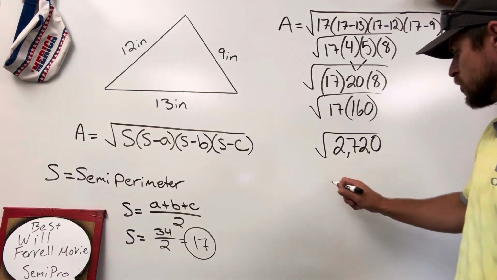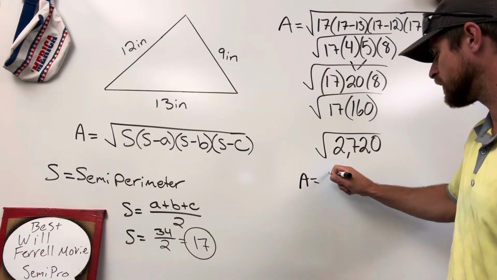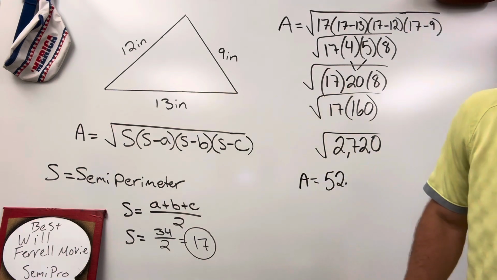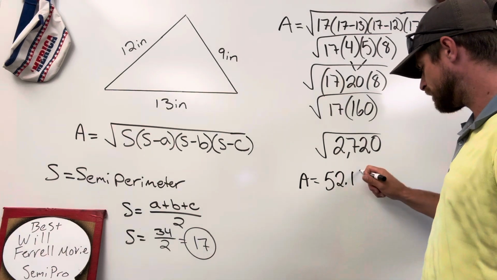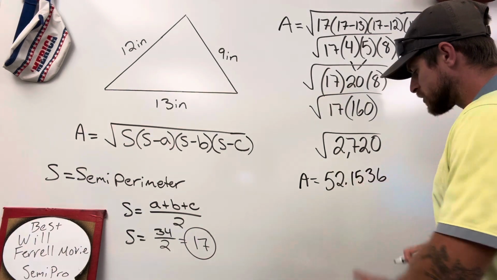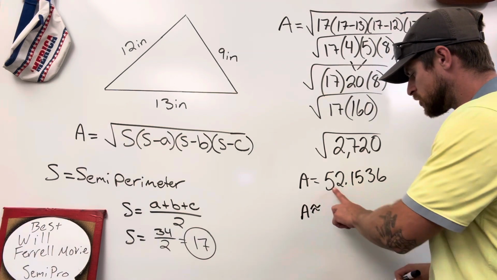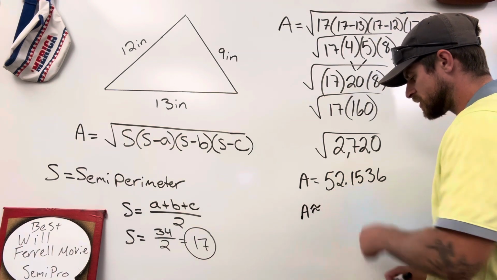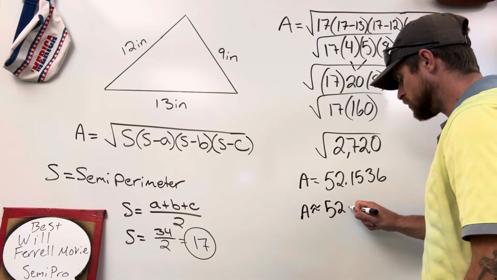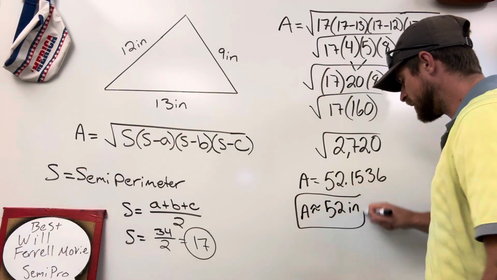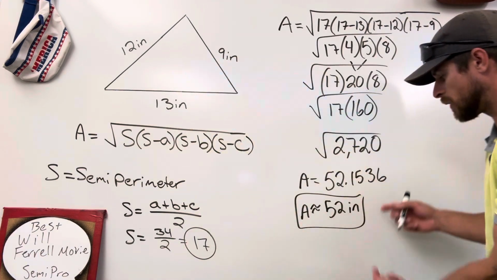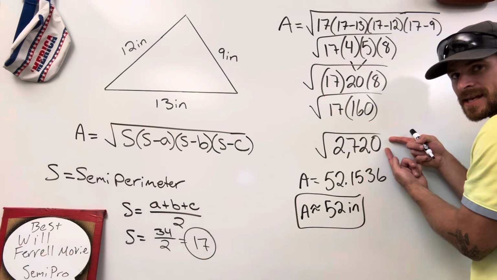Comes out to 52, so area equals 52.1536. I'm just going to round this, so I'm going to give an approximate calculation, and I'm going to round down to just an even 52 inches. So our area of this triangle, if I want to be exact, I can be exact.